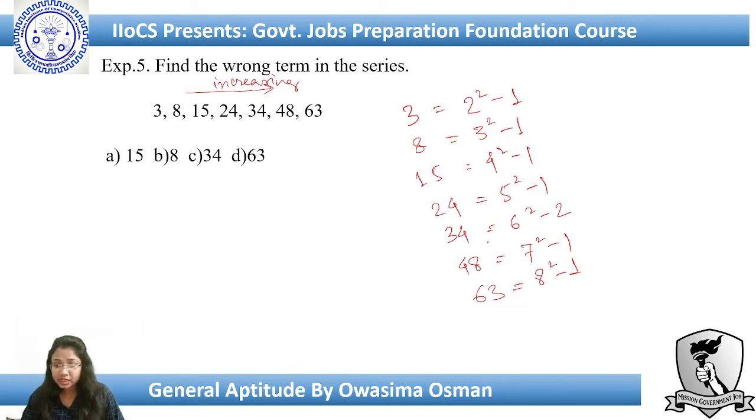But only in the case of 34 we are doing only minus 2. So that means it is not following the series and it is the wrong number. Instead of 34, if we do 6 square minus 1, it should be 35. So our wrong term is 34. So option C is correct.